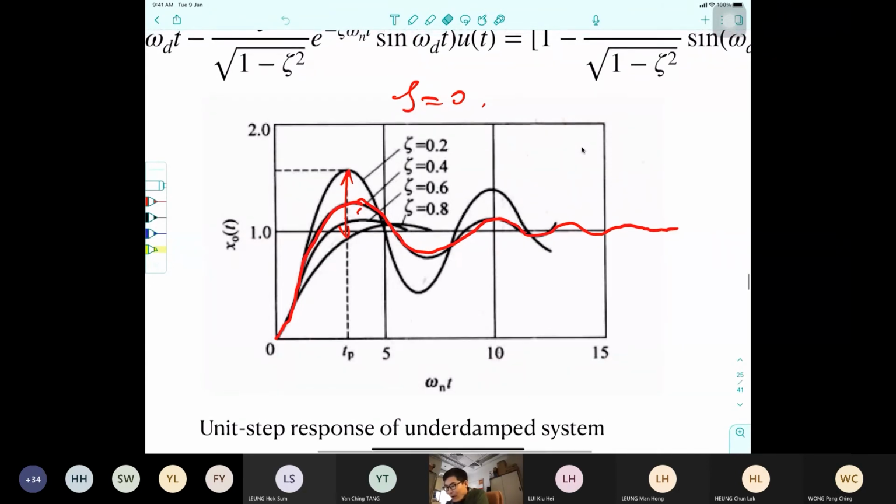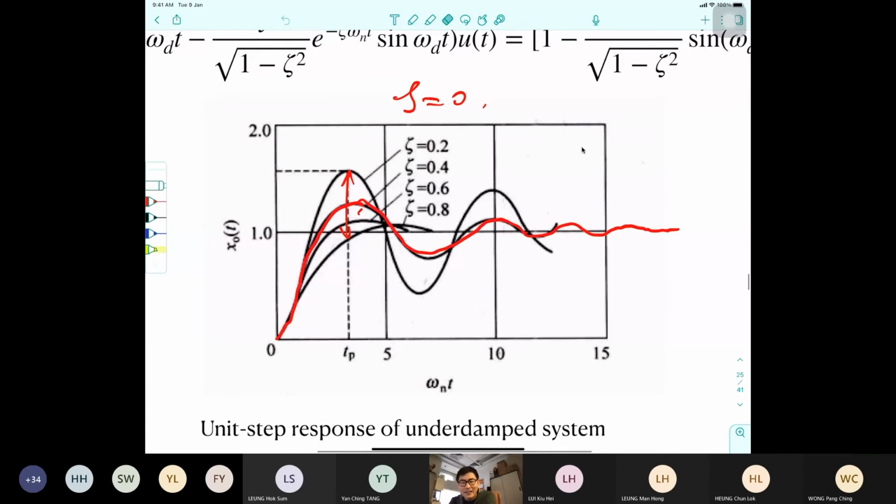So now I ask that question again. We want a smaller percentage overshoot.